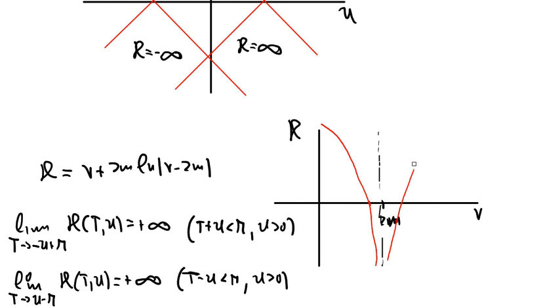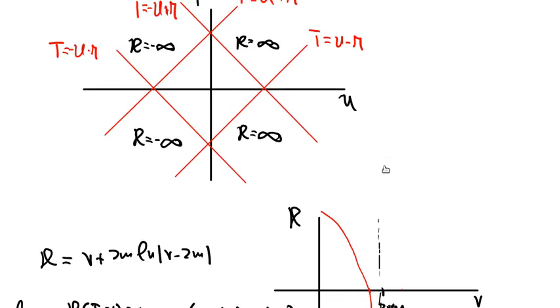Now I can delete this part, because we're assuming that small r is less than 2m. This is 2m, right? And so what we have to do now is check how these values of big R relate to the values of small r.